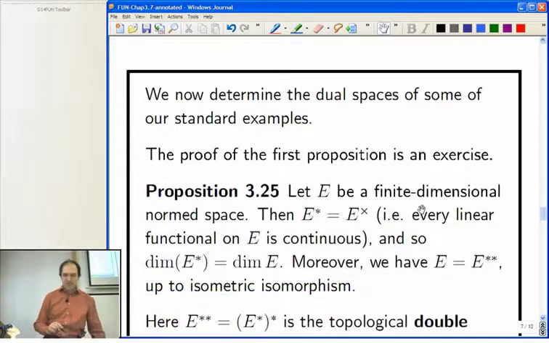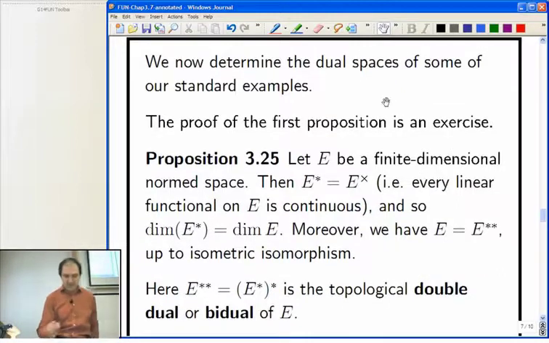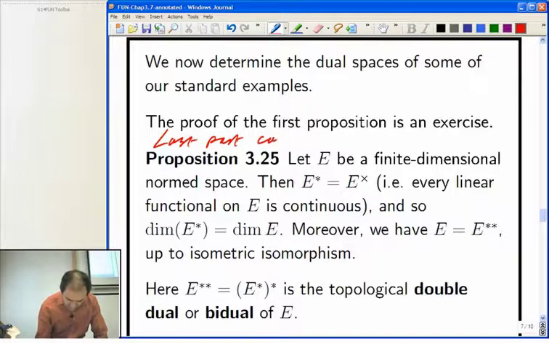Now, I say the proof of the first proposition is an exercise, but some parts of this exercise are actually quite tricky and may be best left till we've actually discussed the Hahn-Banach theorem. So the last part can be deduced from the Hahn-Banach theorem.